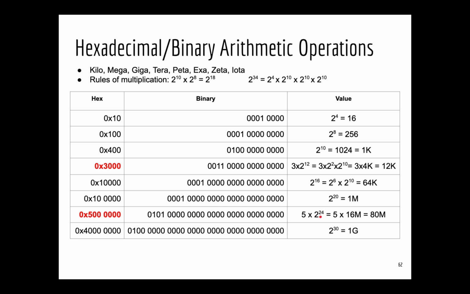But again, I want to break up that big exponent into 2 parts. I can see this is 2 to the power of 4 multiplied by 2 to the power of 20, and we know 2 to the power of 20 is 1 meg, so this number is essentially 16 meg. So 16 meg times 5 is 80 meg.